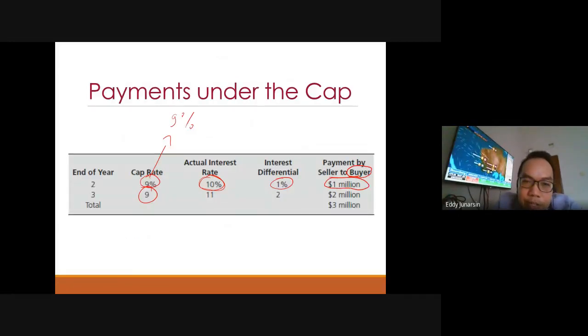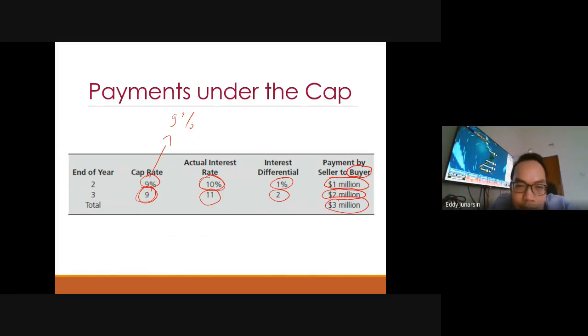At the end of the third year, again, the cap rate is 9%. The actual interest rate has become 11%. So again, you gain 2% because the strike price is 9%. This looks like a long call. Then you get 2% of 100 million, the par value, or the notional value. So total that you will get is 3 million.